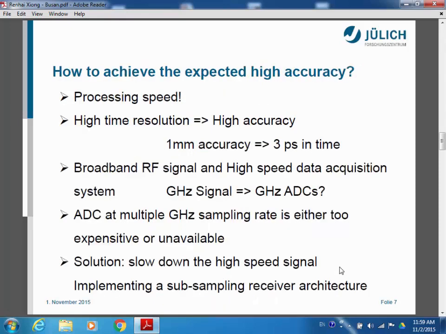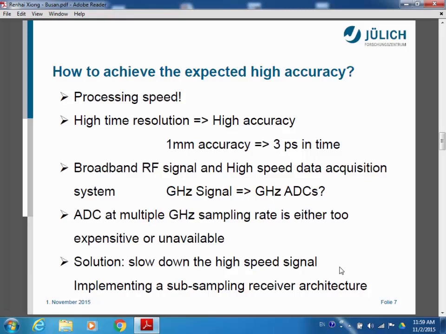As I said, the aim of this application is to achieve high accuracy, at the sub-millimeter level. So how can we achieve this challenging target? The key is the processing speed. We have to extract the time information with a high resolution of 3 picoseconds.